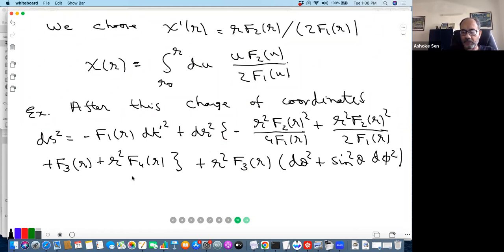But of course, the point now is that we can call whatever appears inside this curly bracket some function of r. We just declare this as a new function. We don't know a priori what f1, f2, f3, and f4 are anyway. But the number of unknown functions that label the metric has now been reduced to 3, because you have f1, we have f3, and then whatever is the coefficient of dr square. Is this point clear?